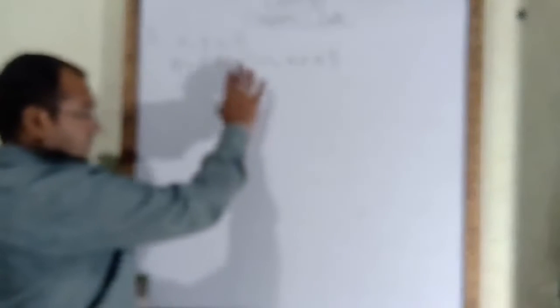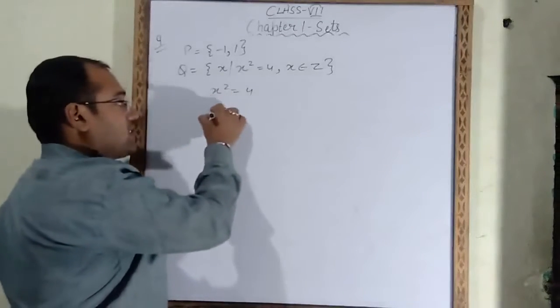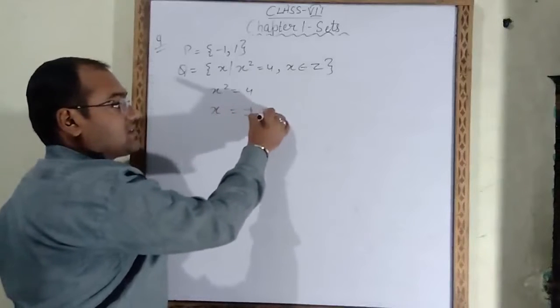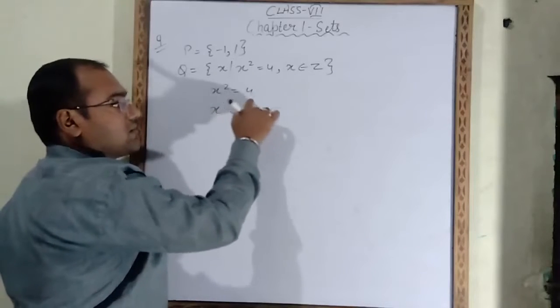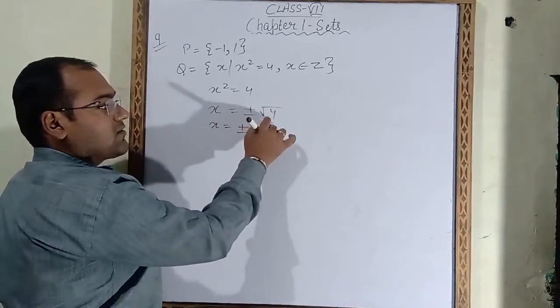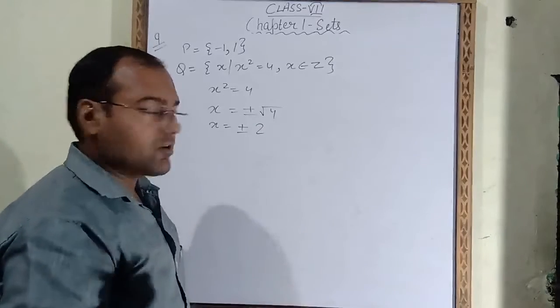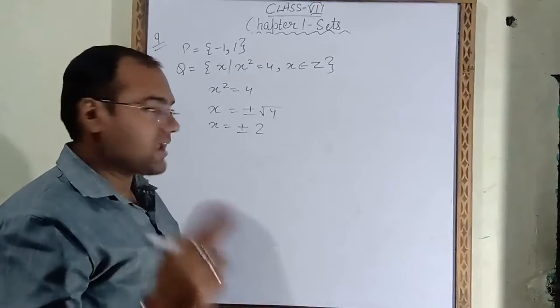So first of all we will solve it. x square is equal to 4. In the previous question I told you, whenever there is a square in the power, we have to take the plus minus square root sign on this number 4. Now x is equal to plus minus under root 4. Under root 4 the answer will be 2, because on multiplying 2 two times we get 4.